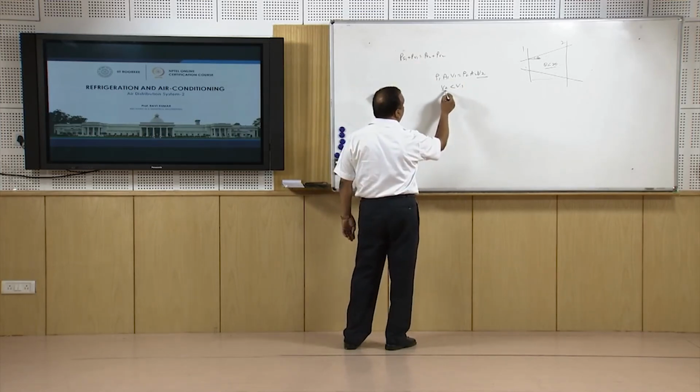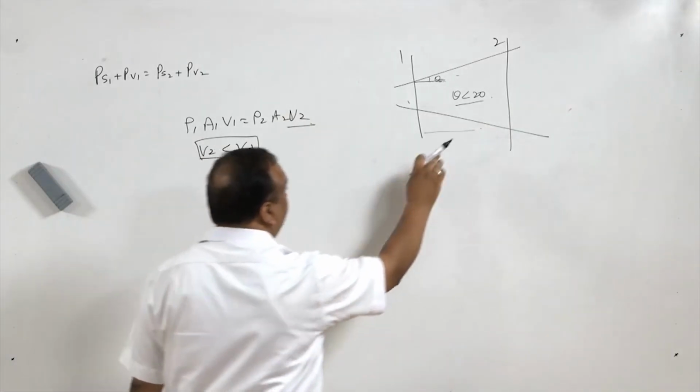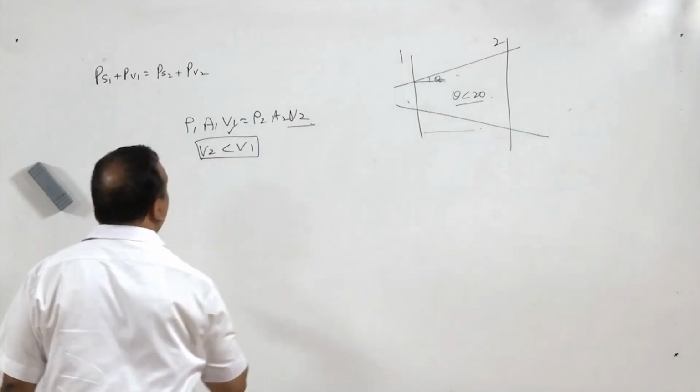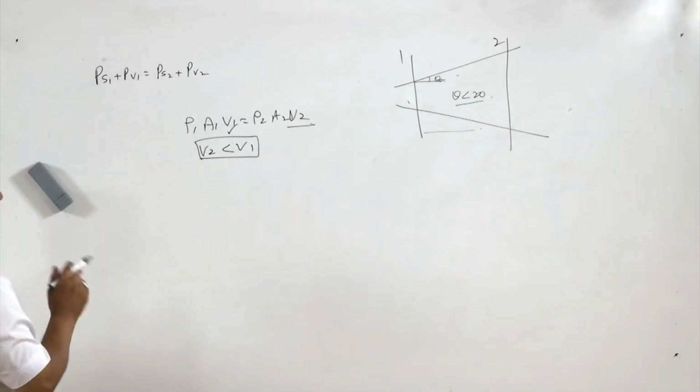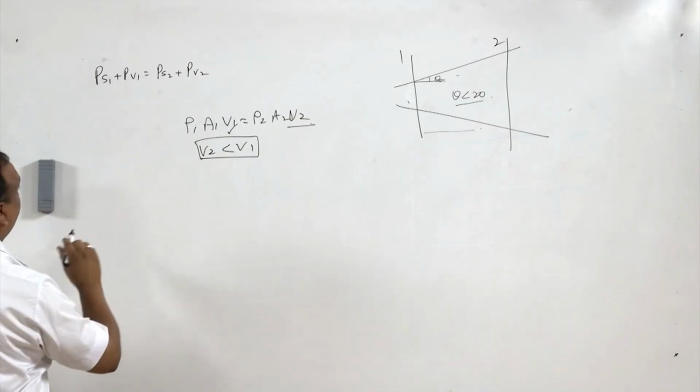This is known as loss in dynamic head. This loss of dynamic head will be converted into gain in static head. That is why it is known as static regain during the flow through the duct.